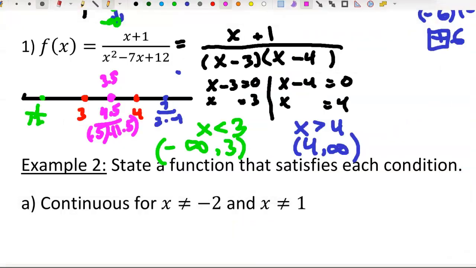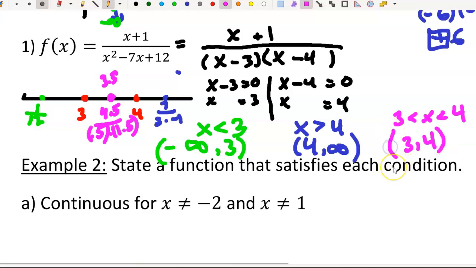This is why we go through this exercise of actually checking it. Because sometimes our tools are not completely reliable. So we go through them and say, you know what? No, it exists here as well between 3 and 4. So we also have answers between 3 and 4. That's part of the domain.